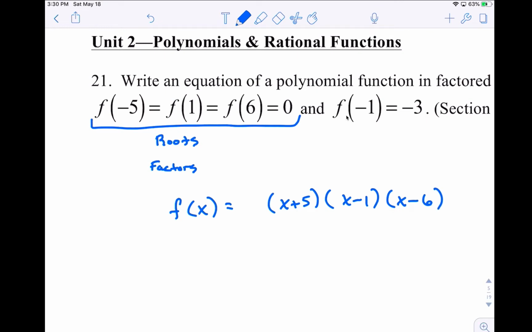Now every polynomial has a leading coefficient, right? And right now I don't know what that is, so I'm just going to let that be a. Now this here is your initial condition, which is going to help you figure out that a value.